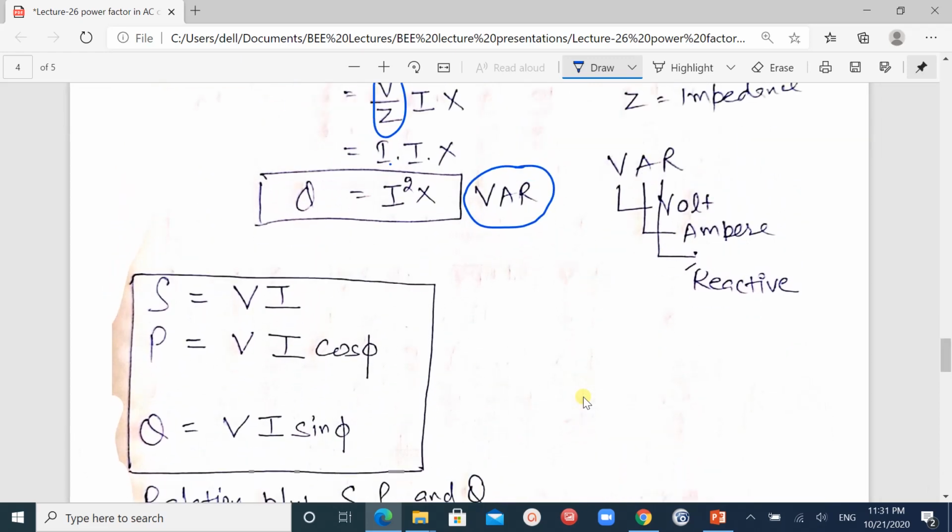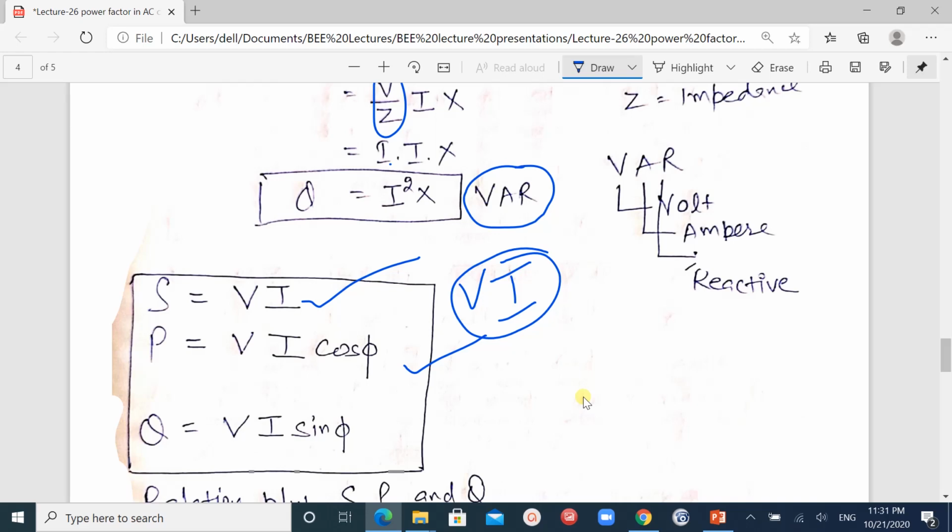So we talked about the three powers. First is the apparent power. It is denoted by S and it equals V into I. It is the total power of the circuit. P is VI cos phi. This is the power consumed by the resistance.